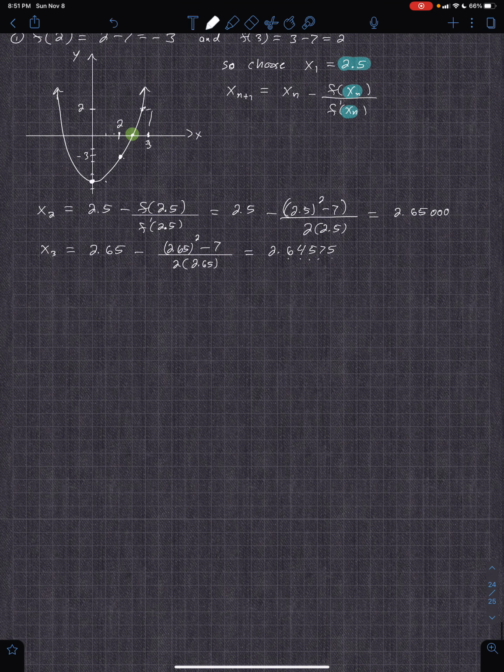Once you get that to repeat once, then you have 5 decimal places. What we say about this type of formula is that it converges really fast. So Newton's method has a really, really fast convergence if it does converge.